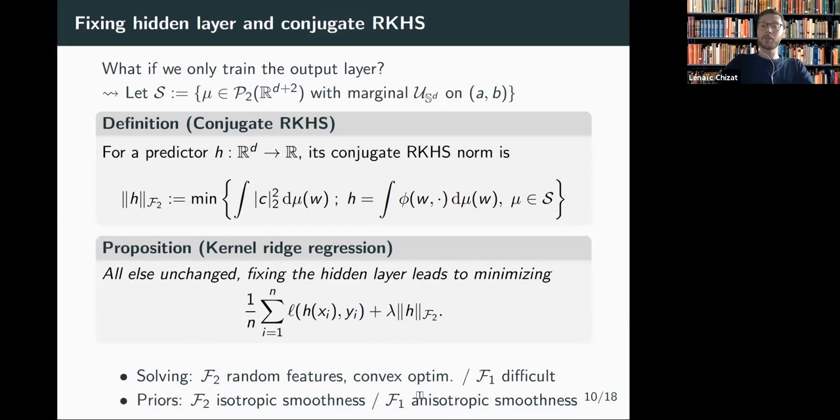It will be able to learn some functions which are much less smooth, but only depend on some subsets of the parameters. So F1 has more adaptivity, but it is a much more difficult problem to solve. This is essentially the simplified picture of the differences between these two spaces, which correspond to training either both layers or just the output layer of our neural network.